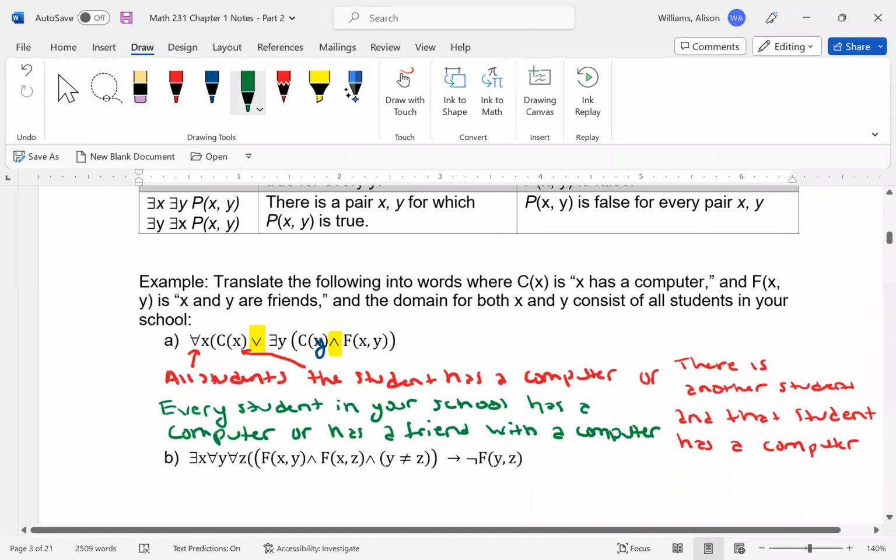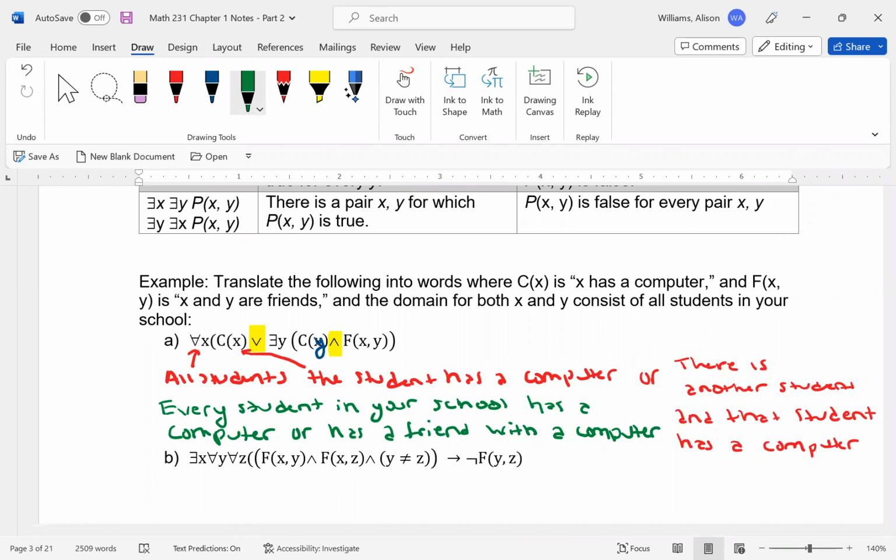So they either have a computer or their friend has one, so the implication being they could probably use their friend's computer. All right.